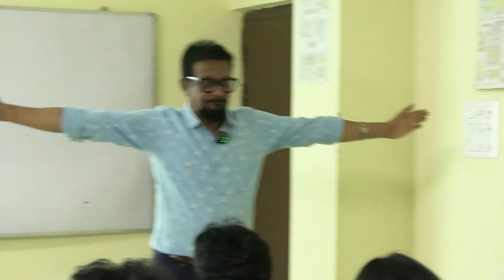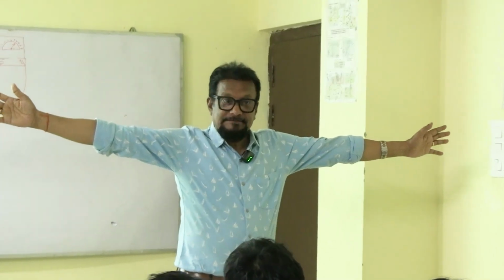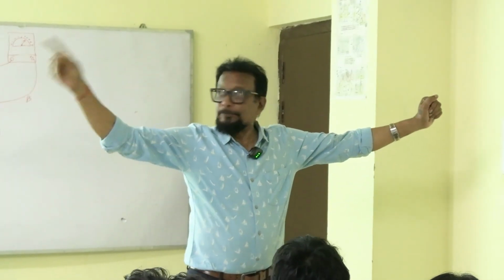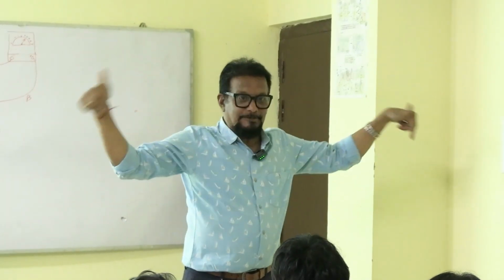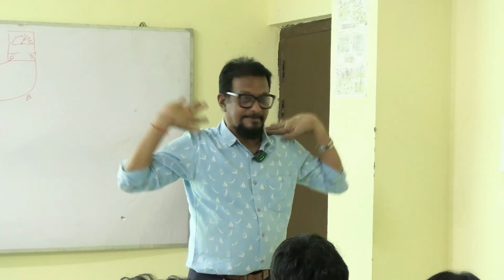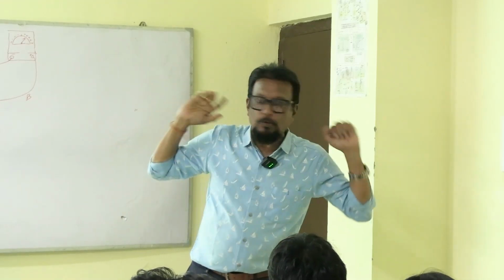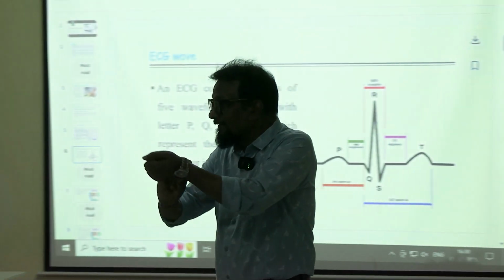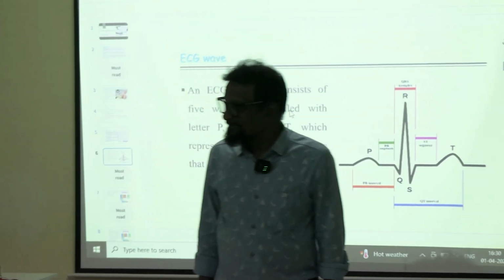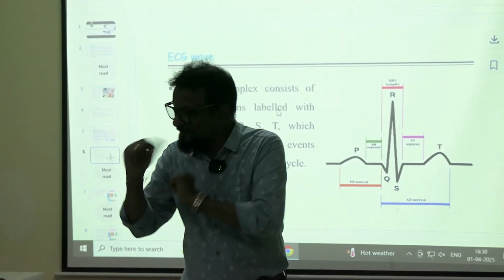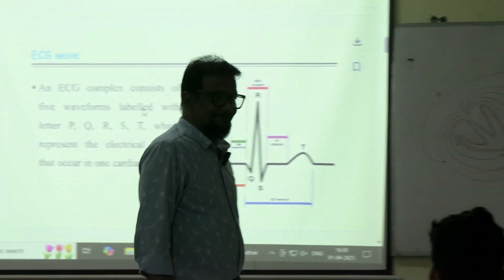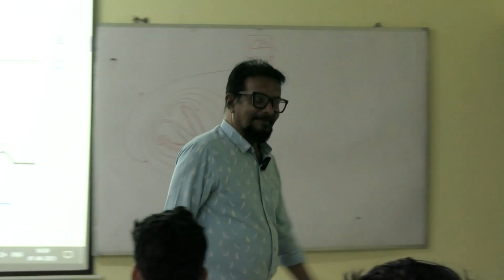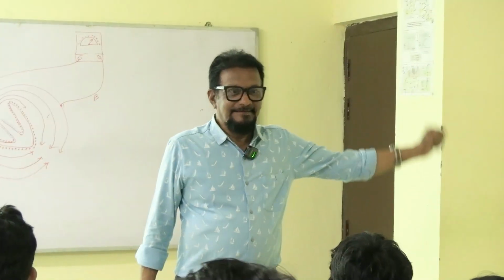This is lead one. It connects my left hand and right hand. Now where to place the positive electrode, in this hand or in this hand? It is in the left hand.